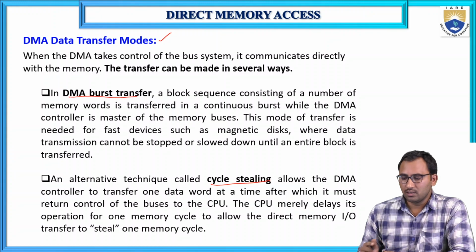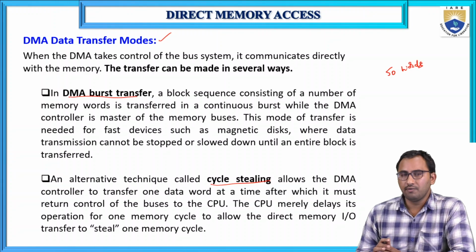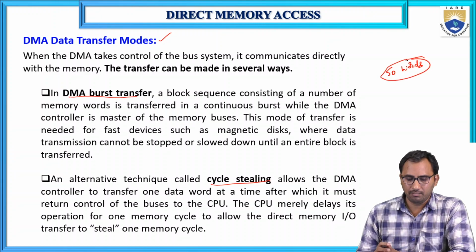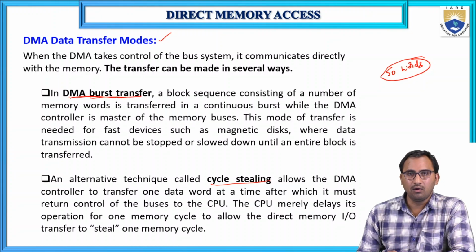Suppose you are transferring 50 words from the IO device to the memory. All these 50 words will be transferred at a time without involvement of the CPU. That is called burst transfer. That means in a single cycle, all the data will be transferred from the peripheral device to the memory. So that is called DMA burst transfer.